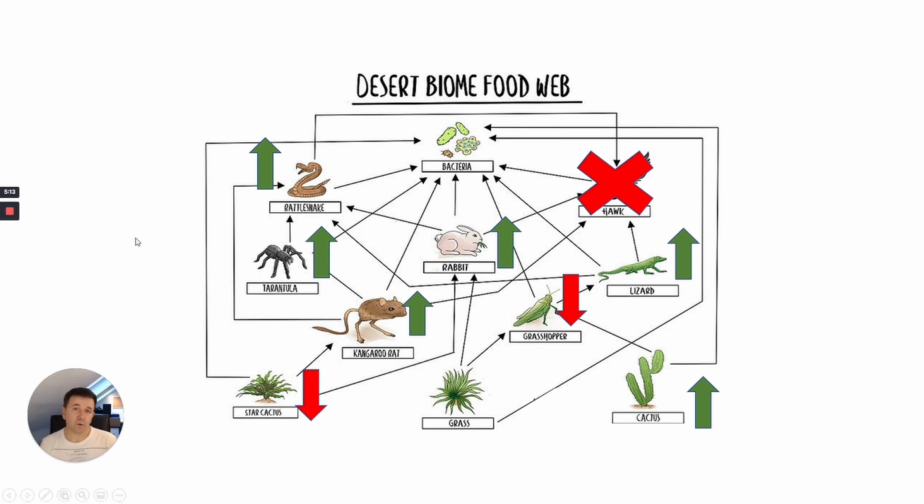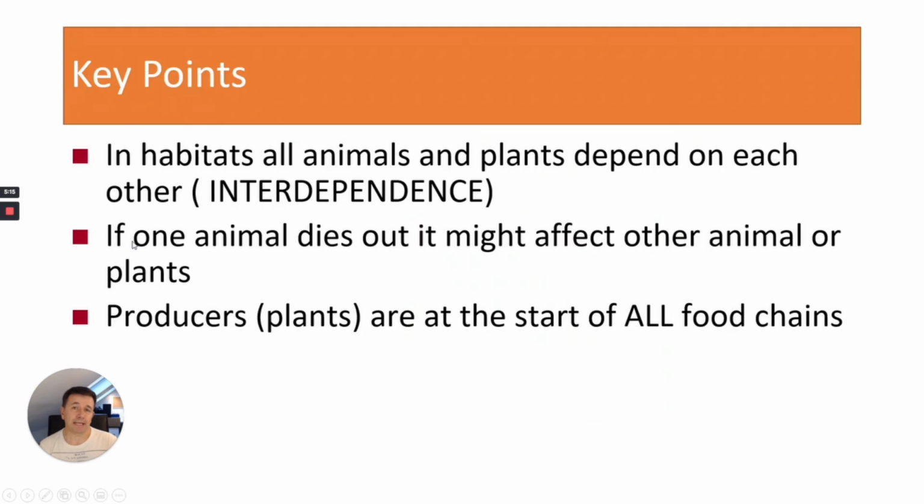What we say is that all of these animals and plants are dependent on each other, and that is known as interdependence. So if one animal dies out, it might affect other animals or plants. You must also remember, a key thing is that producers, plants, are at the start of all food chains.